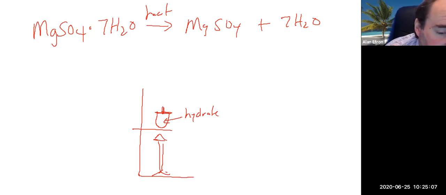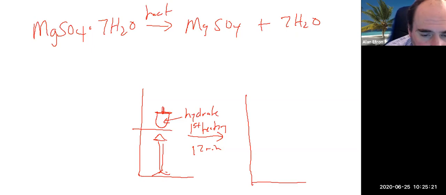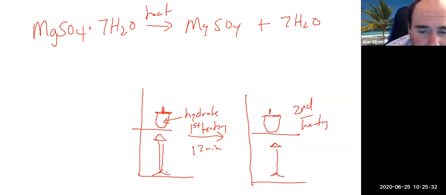I believe they heated it for the first heating for like 12 minutes. And after the first heating, they weighed it, and then they put it back up and heated it again for the second heating, which was, I think, another 5 minutes.